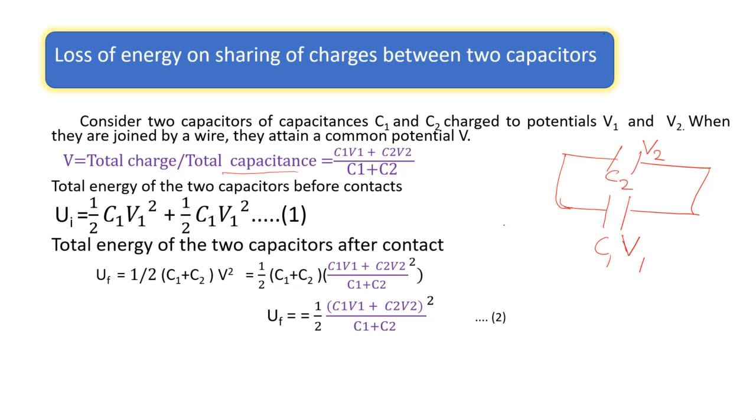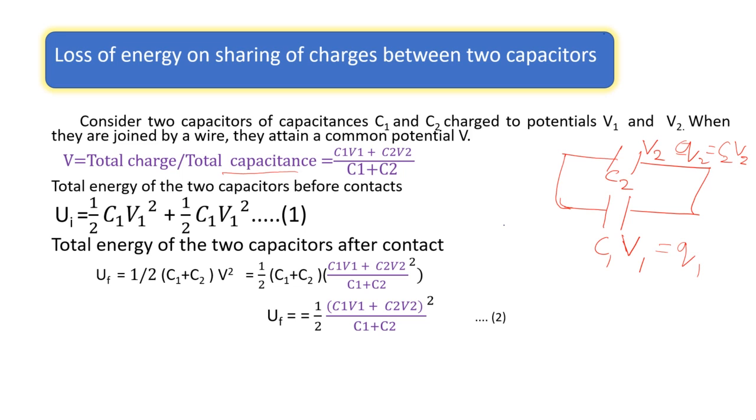And what is the total charge? Initially Q1 is equal to C1 V1, and Q2 will be C2 V2. Therefore, V will be C1 V1 plus C2 V2 divided by C1 plus C2.